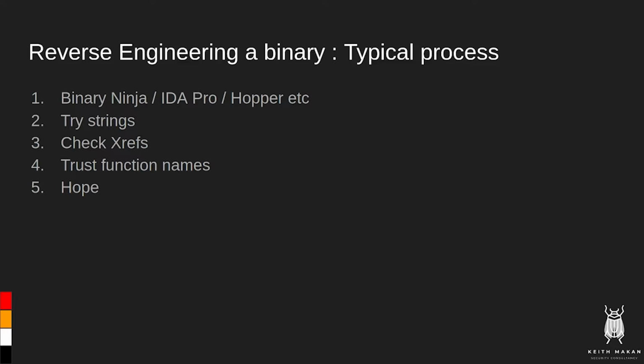You would then typically check the strings, try to disassemble stuff, do cross-referencing of function calls and variable references. You hope that there isn't a lot of obfuscation that makes this hard, in terms of complex CFGs, obfuscated function names, etc. And you hope. That's kind of the general approach. So this is the typical process, but what makes this hard?